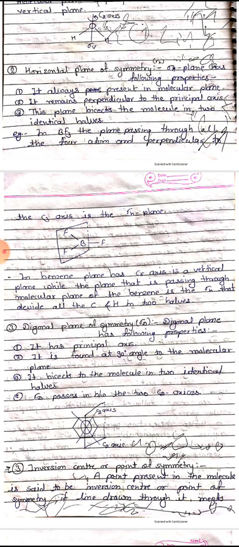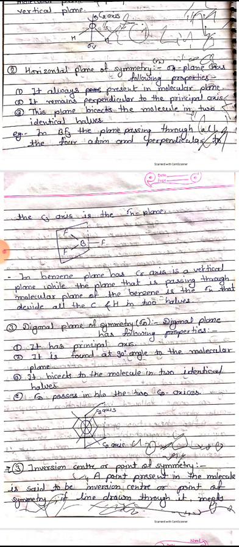Second, it is found at a 90-degree angle to the molecular plane. It will be perpendicular to the molecular plane. Third, it bisects the molecule into two identical halves that are superimposable mirror images of each other. And the fourth one, that is different from the vertical plane of symmetry.